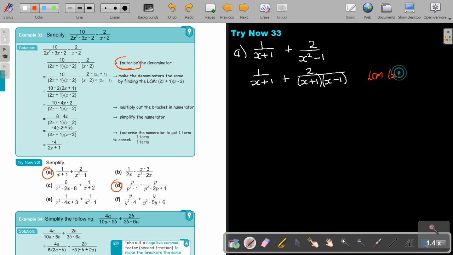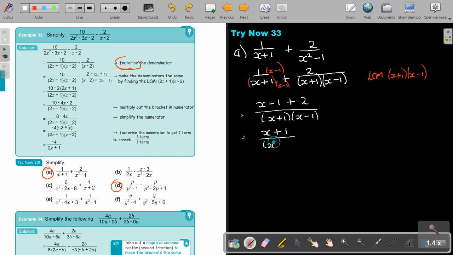It will be x plus 1, x minus 1. So it will be x minus 1, x minus 1. And then this will be x minus 1 plus 2 over x plus 1, x minus 1. And it will be x plus 1 over x plus 1, x minus 1. And look what's happening. It's always nice if this is going to happen.